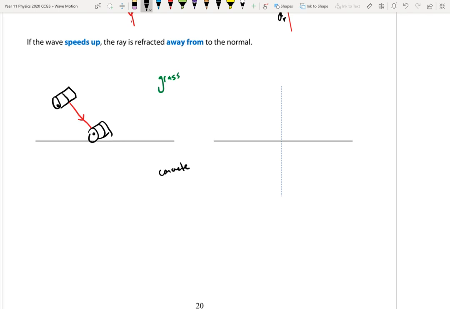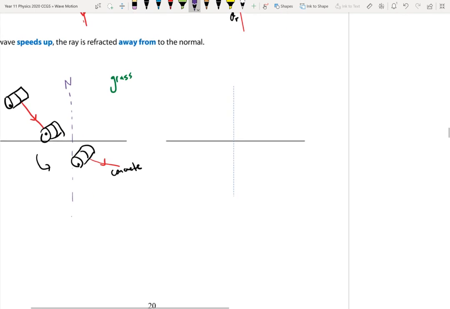And so we would see that it rotates the other way. And we would find that our ray of light, when measured against the normal, has been bent away.